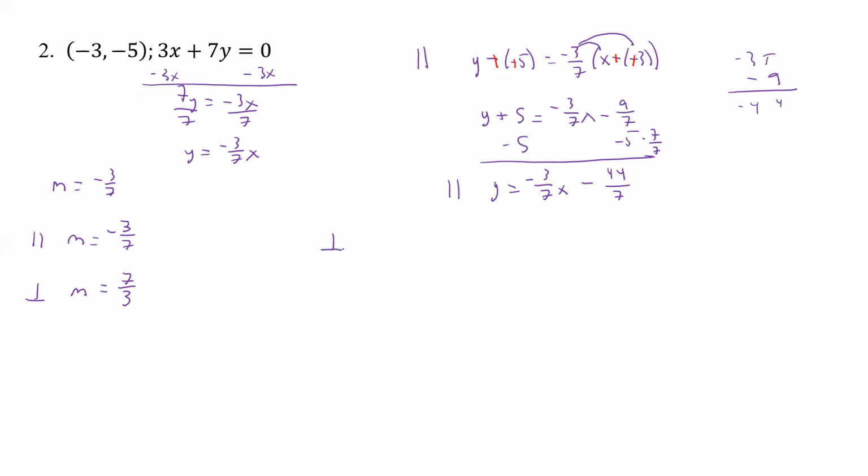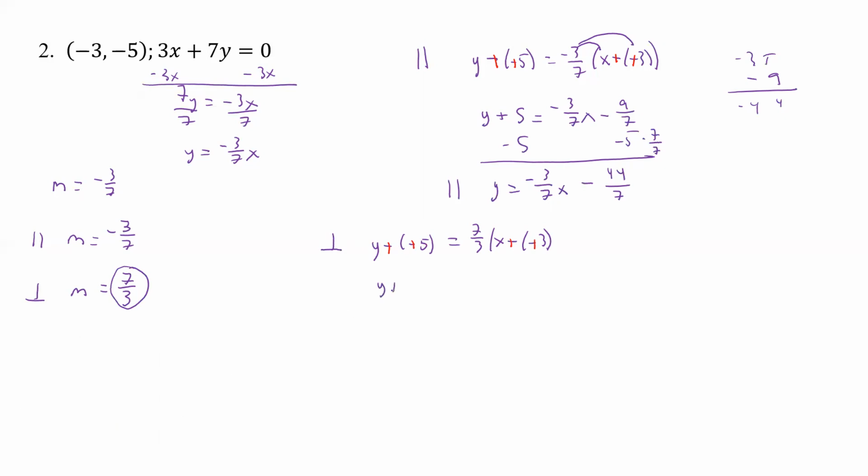Now what about our perpendicular line? Well, now we plug in the slope here and we use the same points. So it's going to be y minus a minus 5 equals 7 over 3 times x minus a minus 3. And again, we can go ahead and write those as plus.